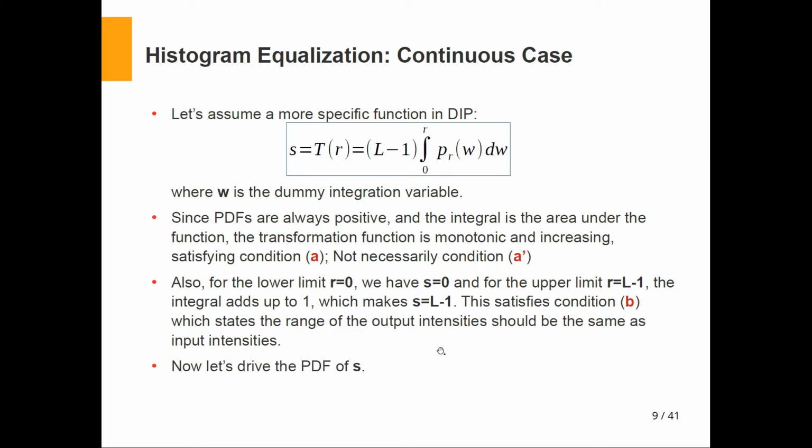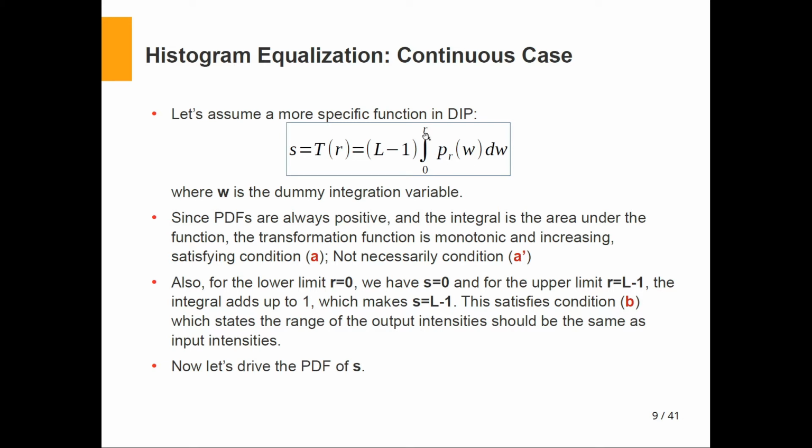The other condition that we had was that the range of the output intensities should be exactly the same as the range of input intensities. To test that, we can replace the value of r with the minimum and maximum value in the range. If r is 0, then we have the integral from 0 to 0 of the PDF of the input image, which is going to be 0.